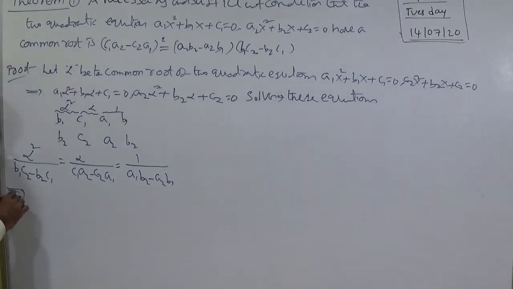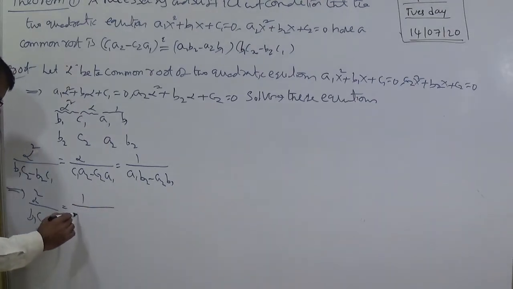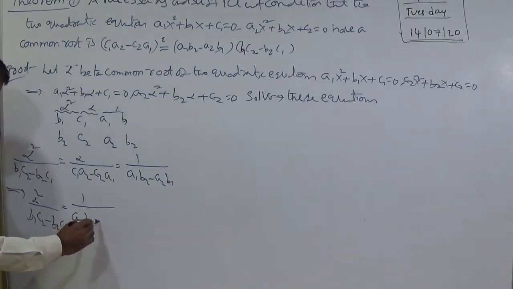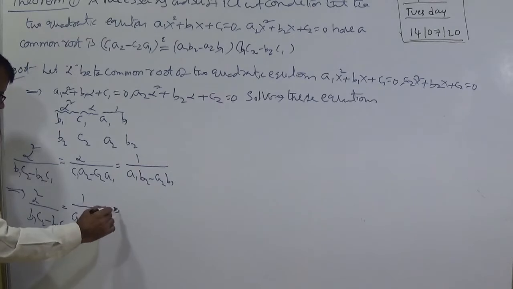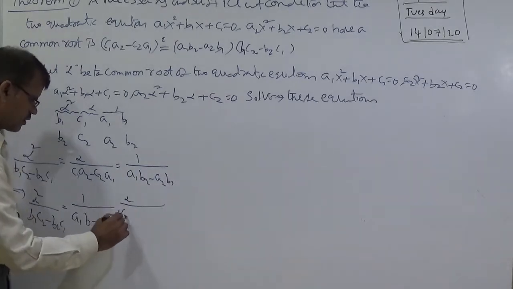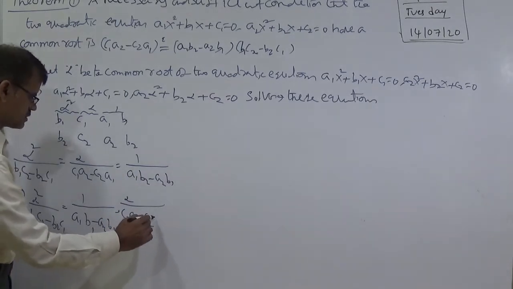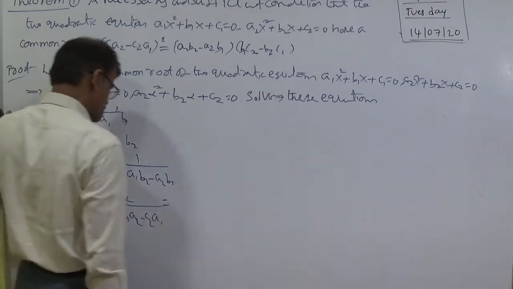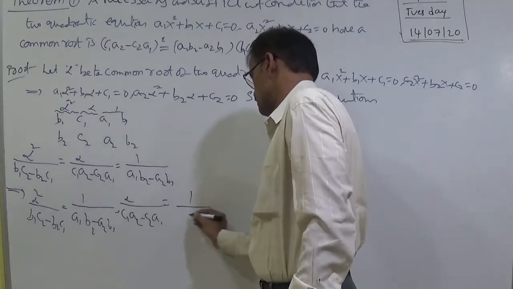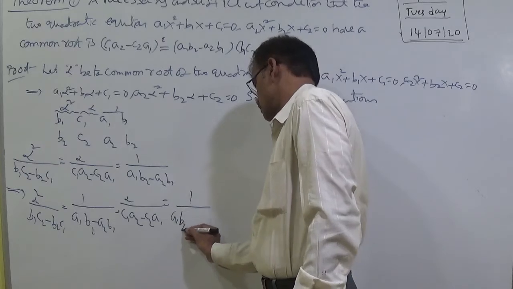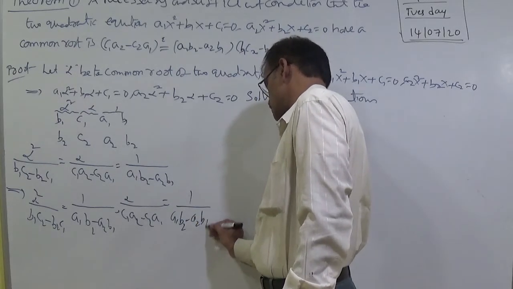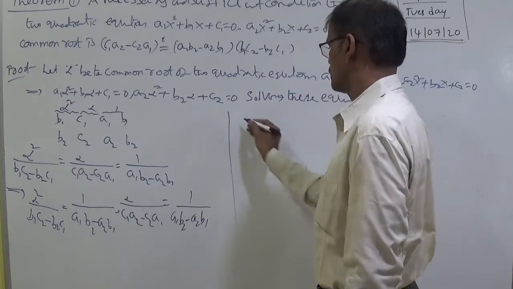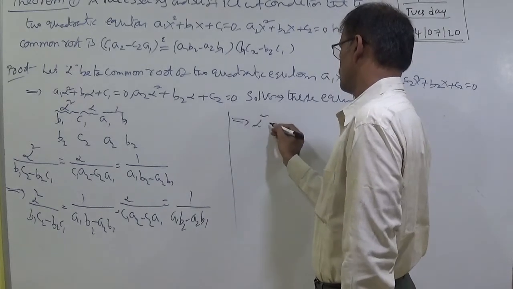That implies, in the next step, we can write alpha square by b1c2 minus b2c1 is equal to 1 by a1b2 minus a2b1, and alpha by c1a2 minus c2a1 is equal to 1 by a1b2 minus a2b1.